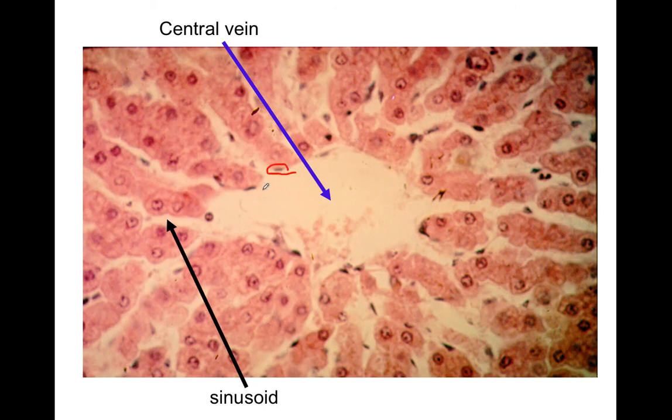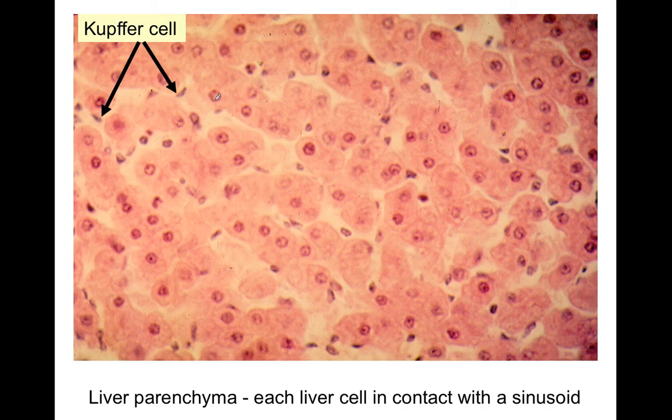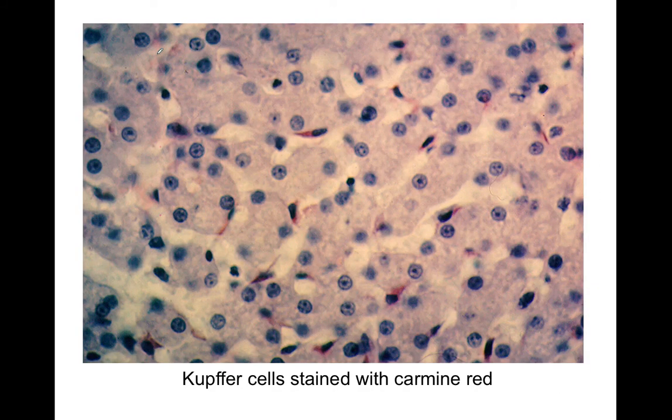We can see the lining epithelium, which is the simple squamous epithelium, and the area of the sinusoids. And as I said, we have this cell here that's found between the endothelial cells or inside the sinusoid, which is the Kupffer cell, a phagocytic monocyte lineage cell.